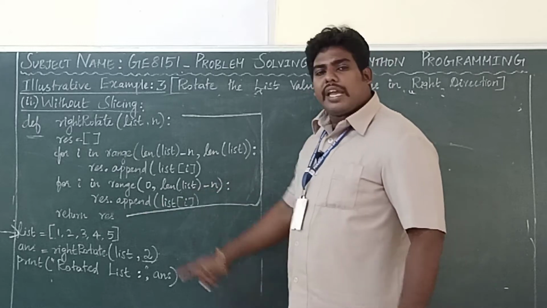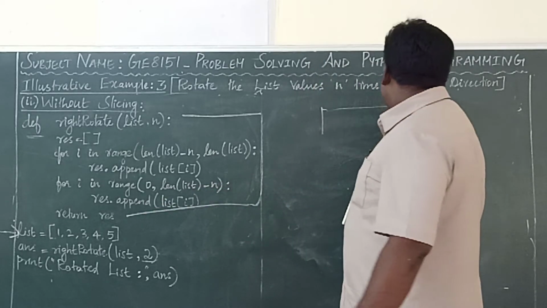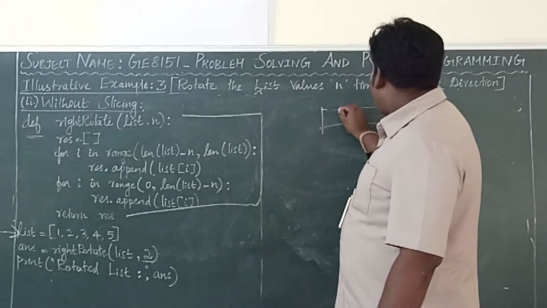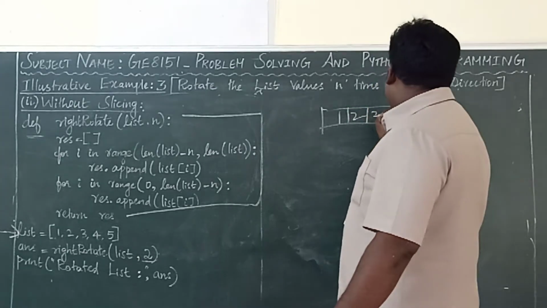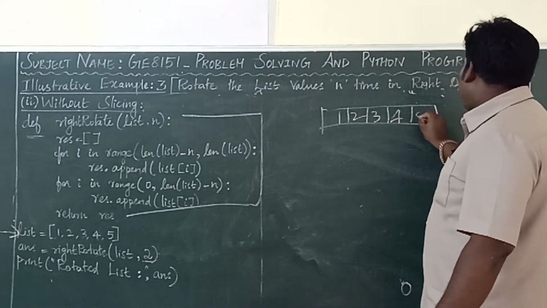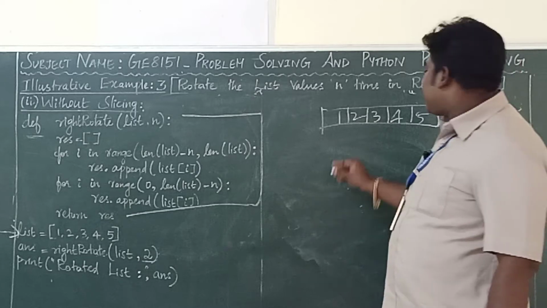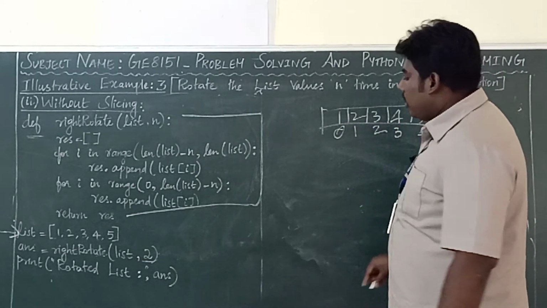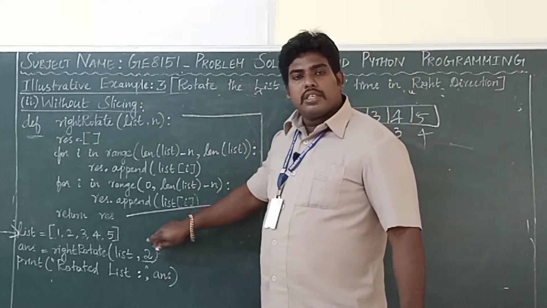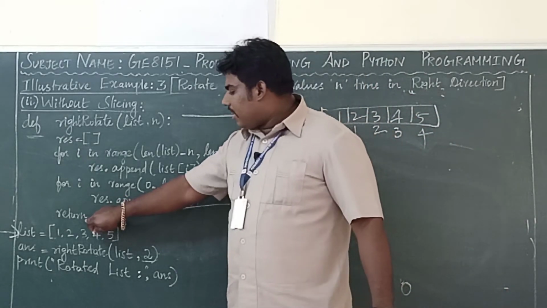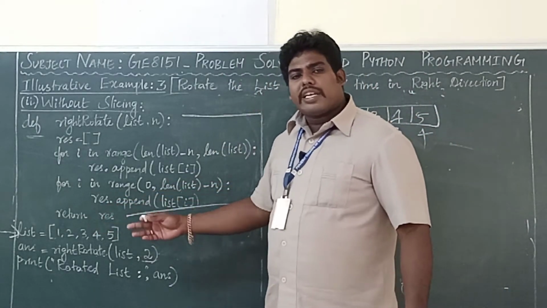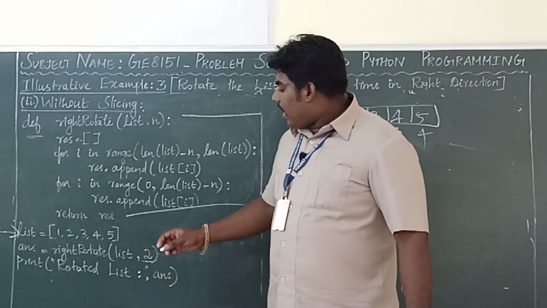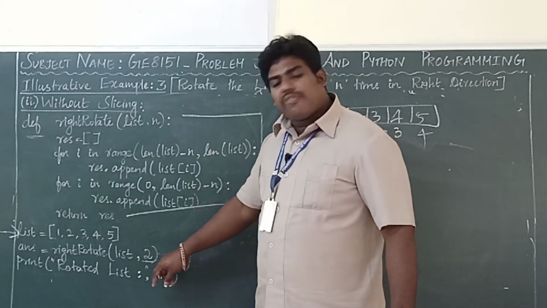Here you are declaring one list: 1, 2, 3, 4, 5. This is the list. What is the indexing? 0, 1, 2, 3, 4. As you are using return, what's the meaning? Return will return the answer to the function call.